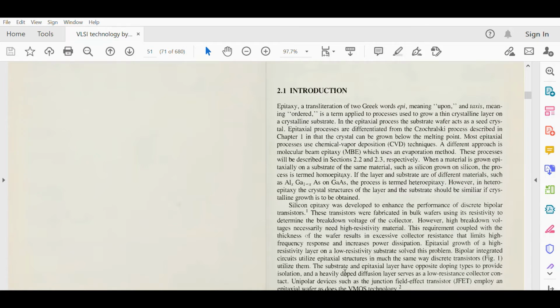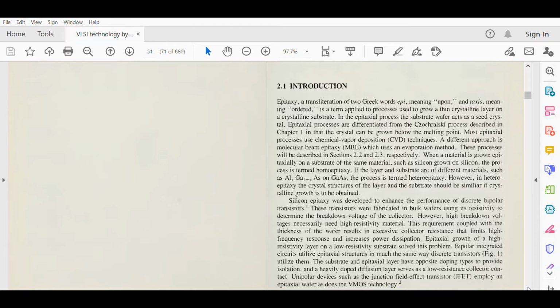And a heavily doped diffusion layer serves as a low resistance collector contact. Unipolar devices such as the junction field effect transistors, JFET, employ an epitaxial wafer, as does the VMOS technology. So let us go ahead and see further details related to this particular topic.